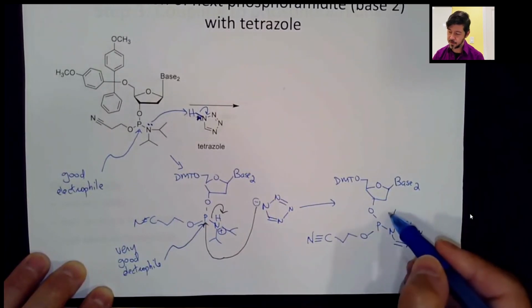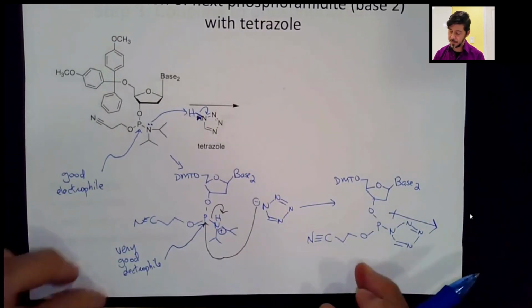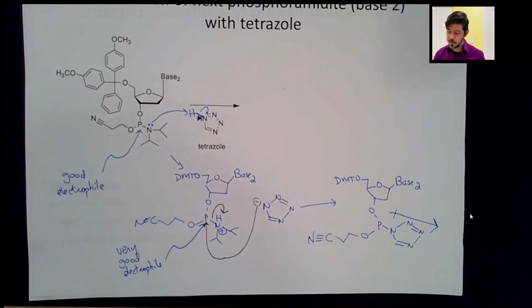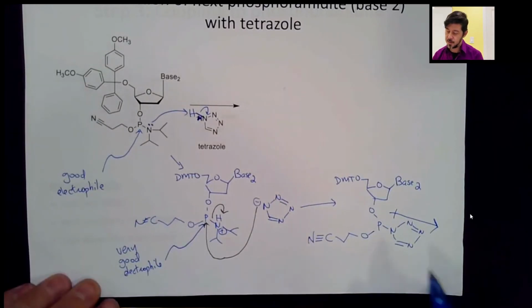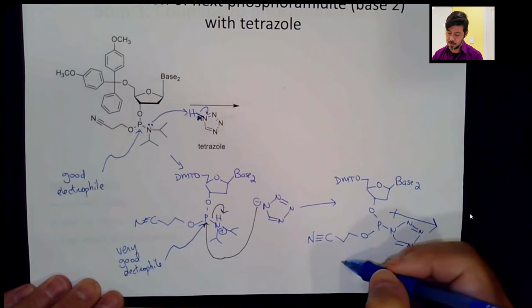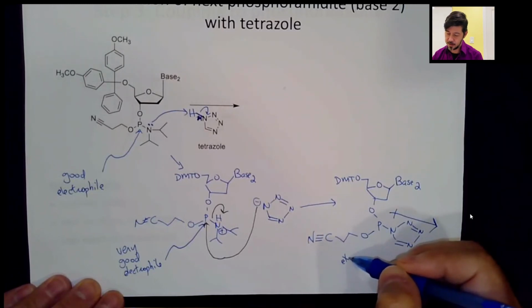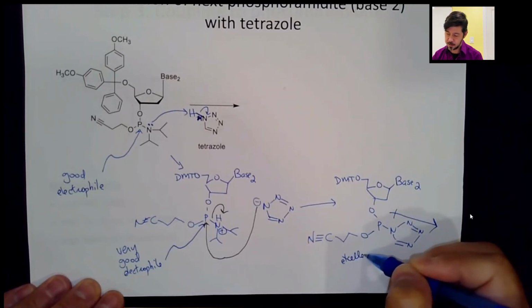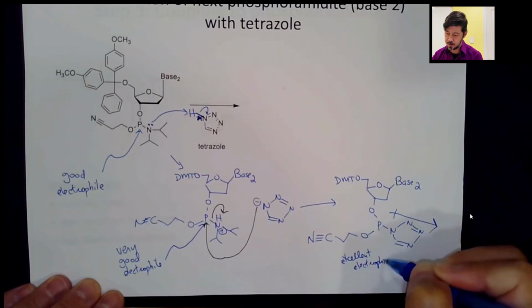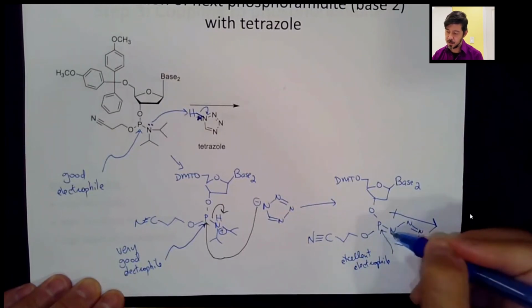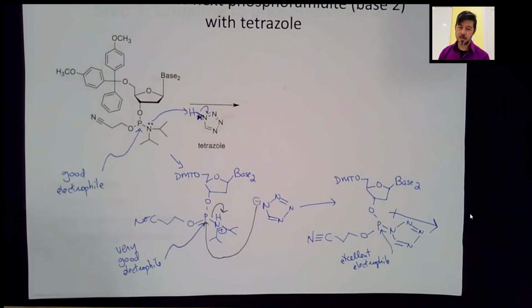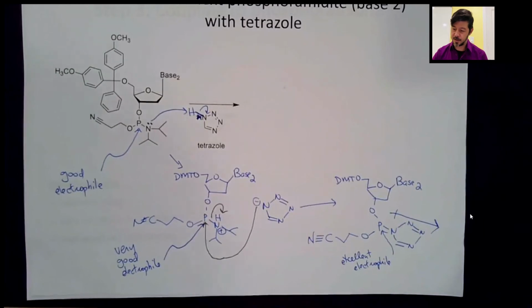You have a very good stable conjugated leaving group, and let's call this an excellent electrophile now. So in other words, this is now primed and ready to be attacked by a nucleophile.